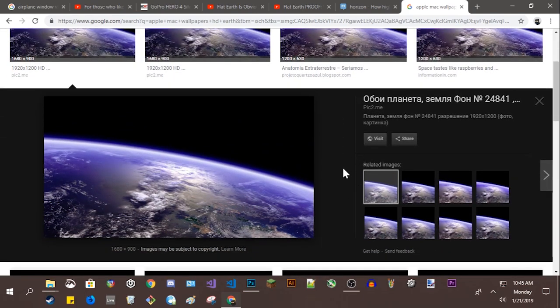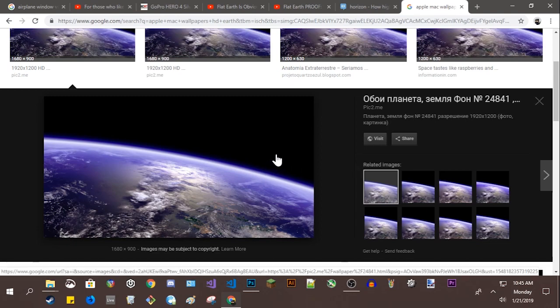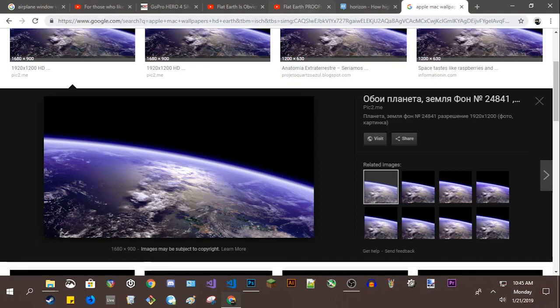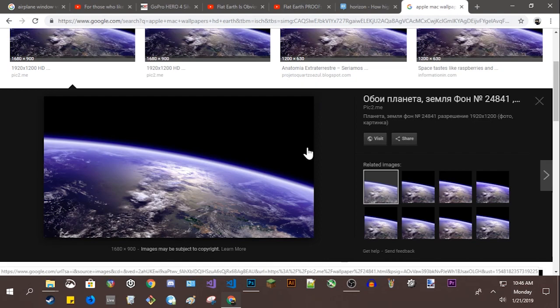So this is a fake beyond all the other fakes that NASA would put out. It doesn't look like something that NASA would make. It's far too clean. It's probably just a computer render of what they think a globe Earth would look like under their model.